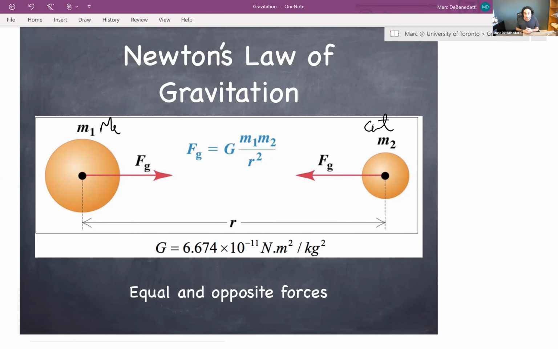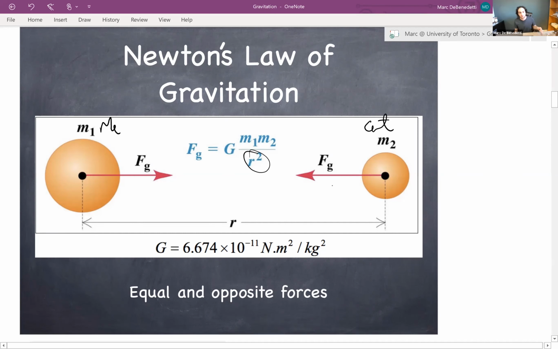I can calculate the force of gravity between myself and my cat: G times the mass of me times the mass of my cat divided by r squared, where r is the distance between the two objects. It's a pretty simple formula, quite honestly. The take-home message is that any object that has mass will exert a force of gravity on surrounding objects.